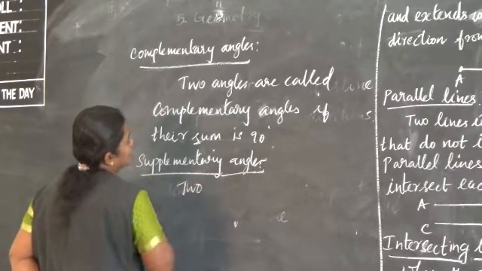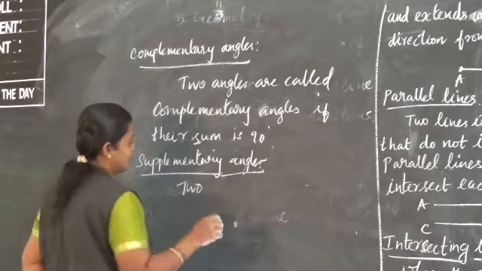Two angles are called supplementary if their sum is 180 degree.